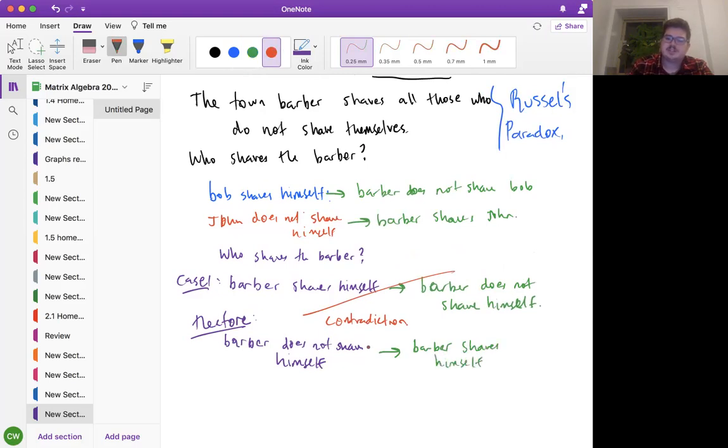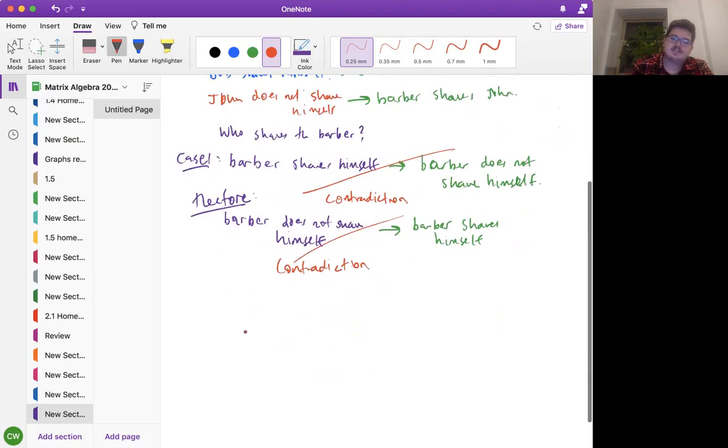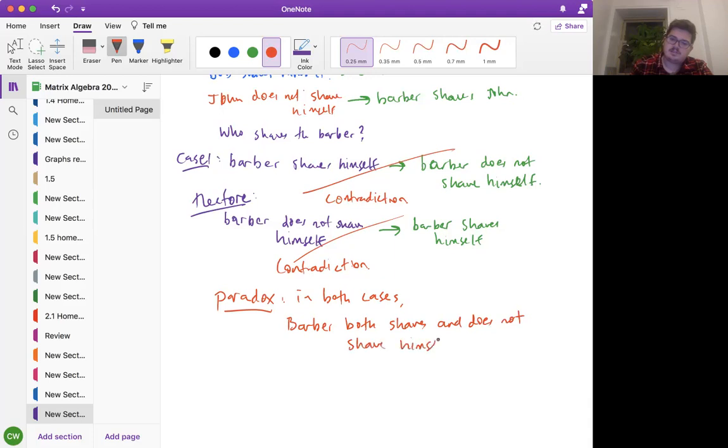But that's also a contradiction. So this is a paradox. In both cases, the barber both shaves and does not shave himself.